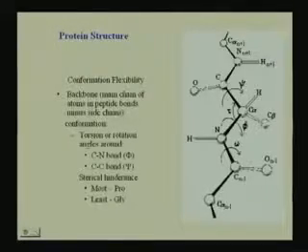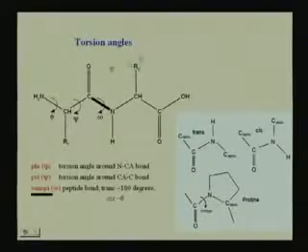rotations about bonds. Okay? What are these rotations? These torsion angles actually define the rotation about the single bonds that are present. Now, you recognize what is this? This is the amino part of the chain that I have drawn here.